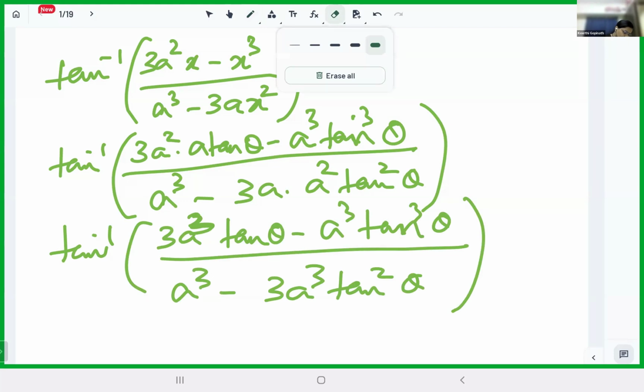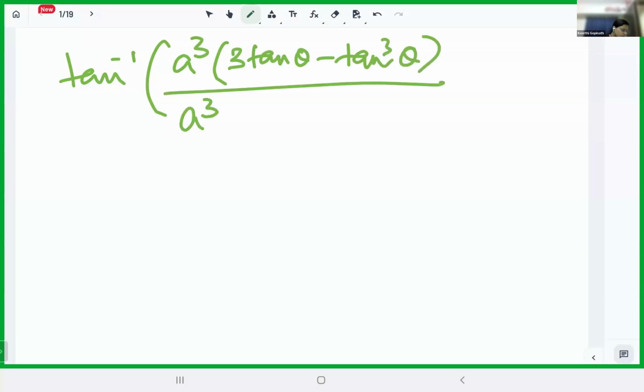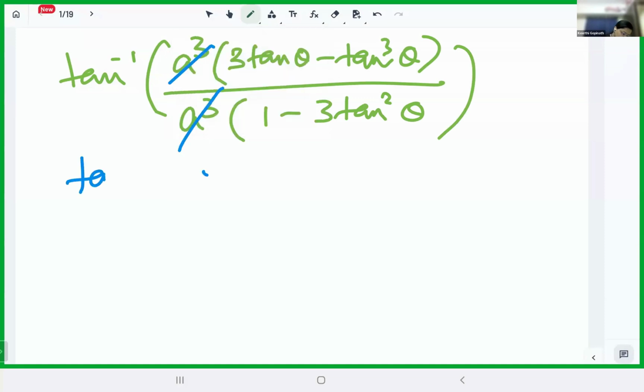On taking a cube outside, it will become tan inverse of a cube into 3 tan theta minus tan cube theta divided by a cube into 1 minus 3 tan square theta. Okay, so we can cancel these a cube since they are common. So it will become tan inverse of 3 tan theta minus tan cube theta divided by 1 minus 3 tan square theta.